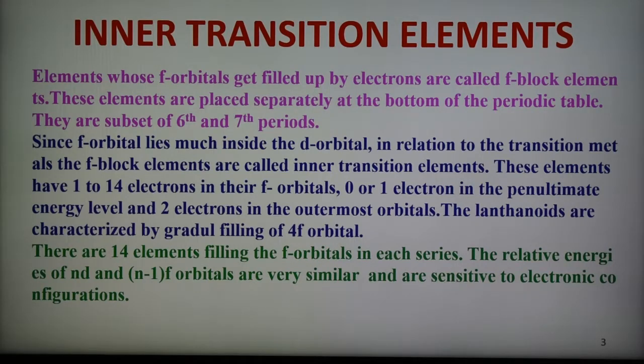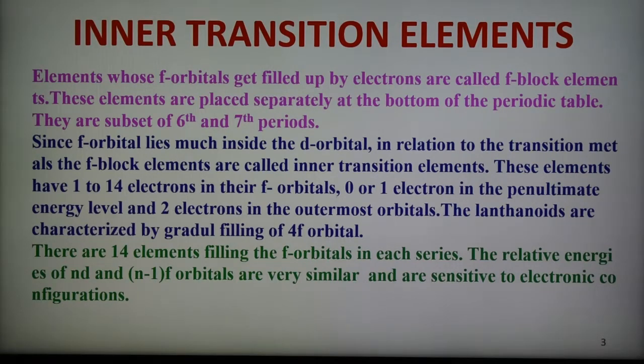Lanthanum is the first member of the lanthanide series, with the configuration 5d1 6s2, and the next member is cerium, which has the configuration 4f2 6s2, while the next element praseodymium has the configuration 4f3 6s2.